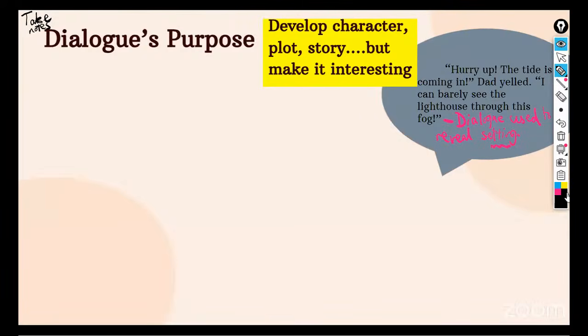Right? It's a tense situation. Will they hit the lighthouse if they can't see it? And he's yelling. So it's not only setting, it's also emotion and tension. Like somebody said, it was building suspense, I think. Right? It is. But in terms of what its function is, its main function is to tell us setting.